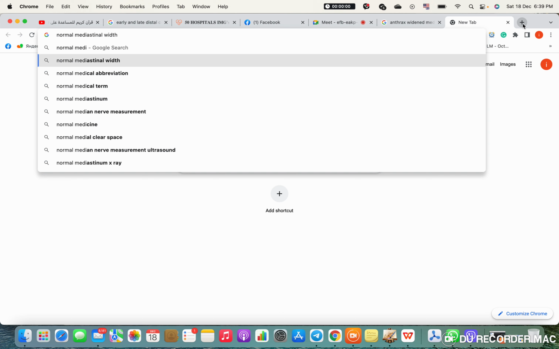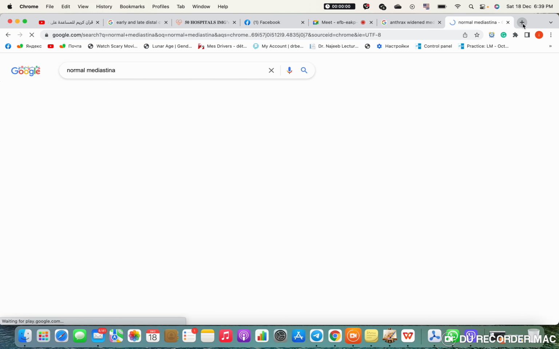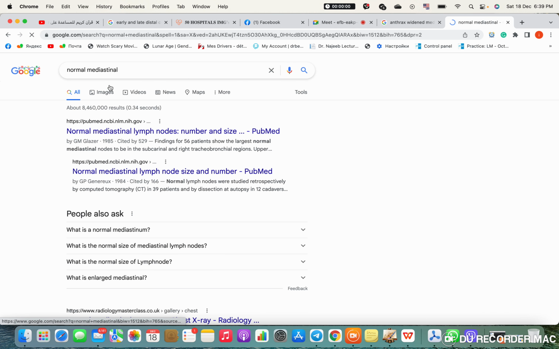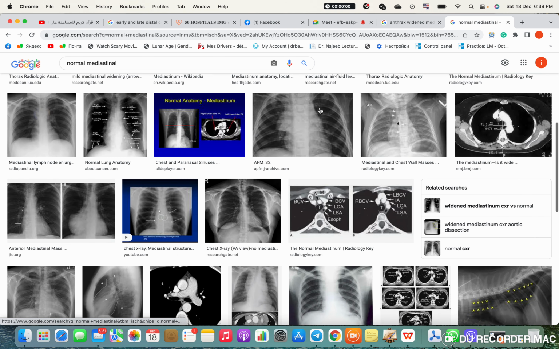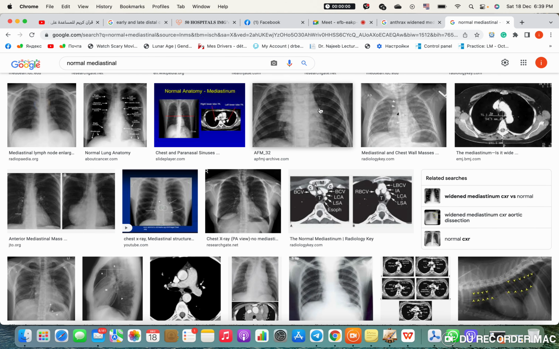So what is a mediastinum? First of all, it's basically an anatomical area located between the lungs. And it contains many organs inside of it. It contains our heart, our thymus, many structures exist in the mediastinum.